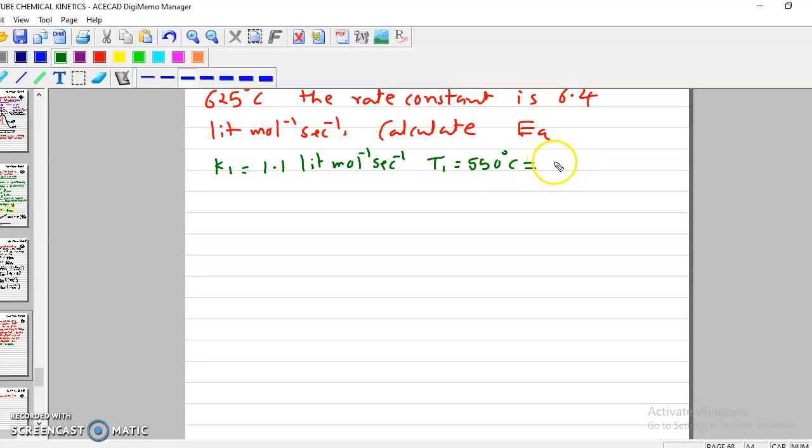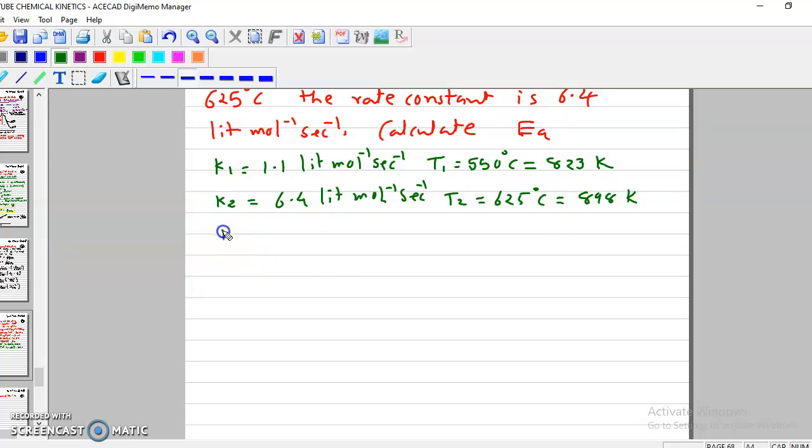It is plus 273, so that is 823 Kelvin. K2 is 6.4 liter mole inverse second inverse. T2 is 625 degrees Celsius, which plus 273 will be 898 Kelvin.